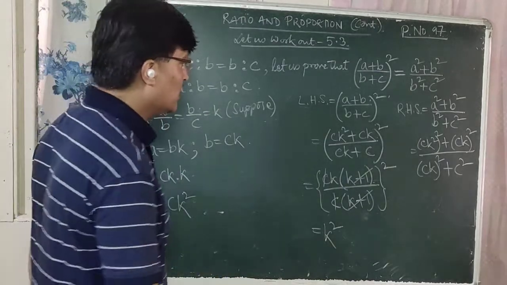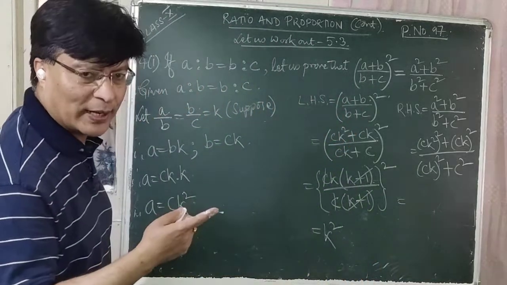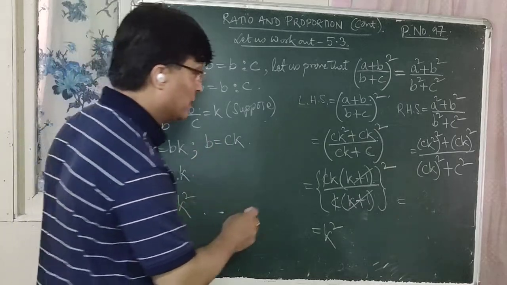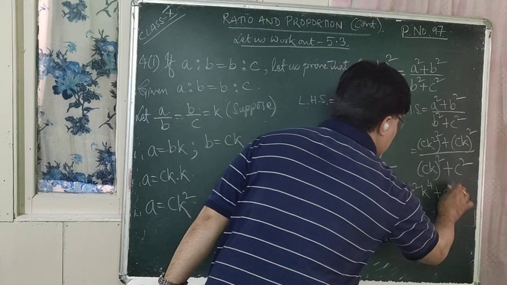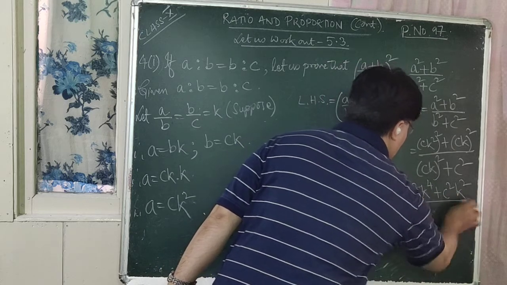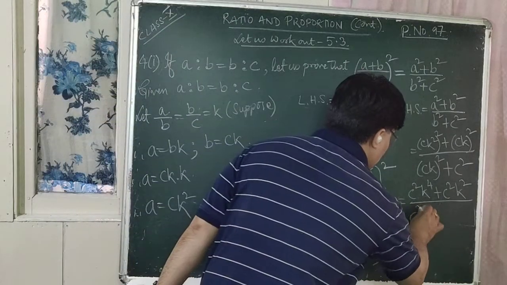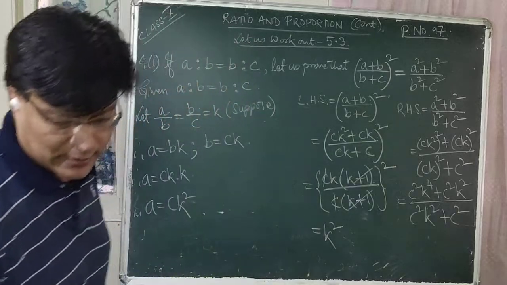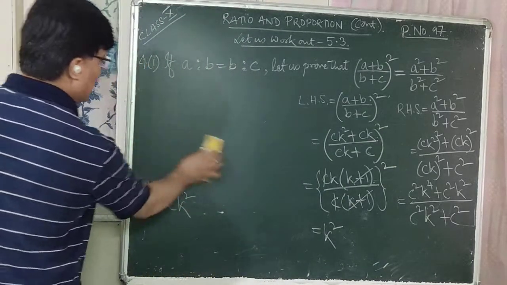Okay, so let us simplify it, which is equal to, what is (CK square) whole square? Now that square is for both C as well as K square. So what do we get? C square K to the power 4, plus C square K square, whole divided by, in the denominator you write C square K square plus C square. Is that clear? So now let's simplify it.